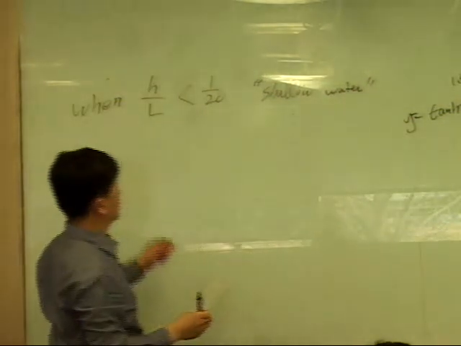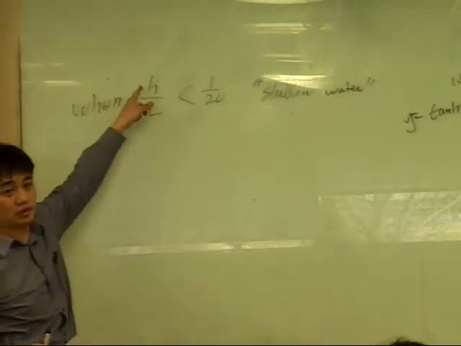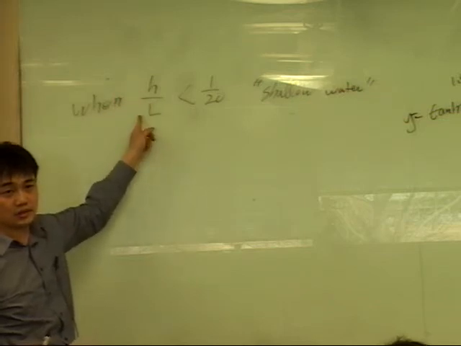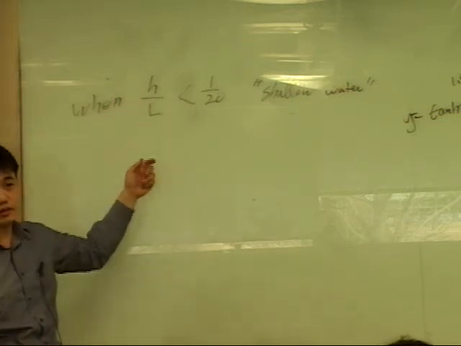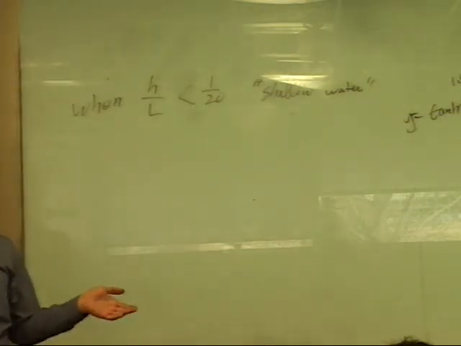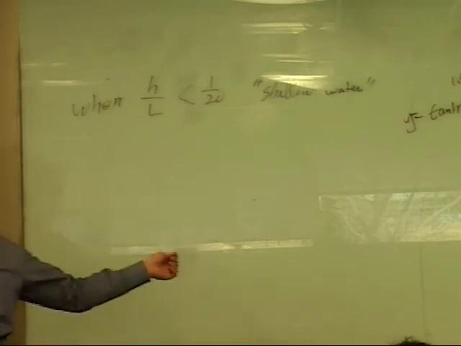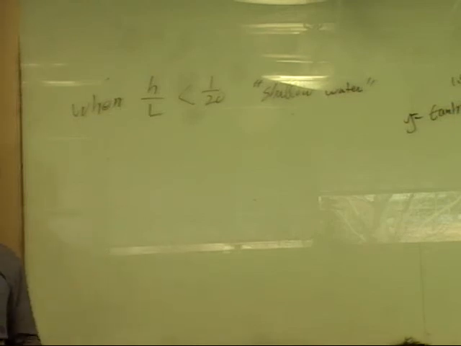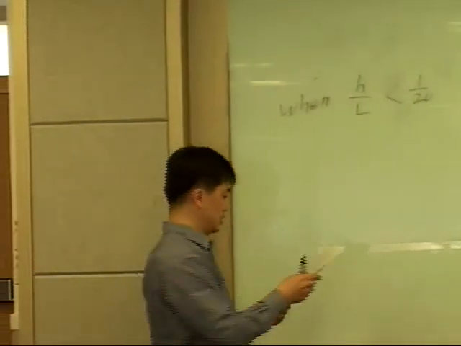Shallow water is defined by the ratio between water depth and wavelength. Even if water depth is 1 kilometer, if the wavelength is maybe 20 kilometers, it is going to be shallow water.